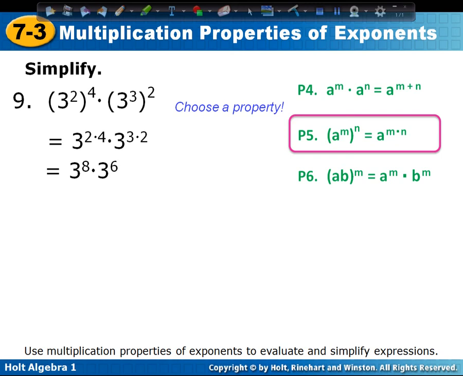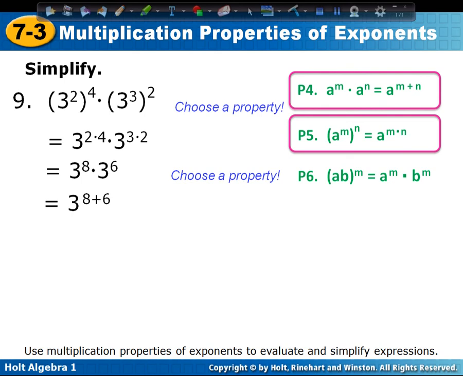Now I'm not finished because the 3's have the same base, so I can turn around and use property number 4 as well, which says if I have the same base and I'm multiplying, I can add those exponents. So this becomes 3 to the 8 plus 6 power, which is 3 to the 14th power. Take a minute, make sure you have this written down before you move on.